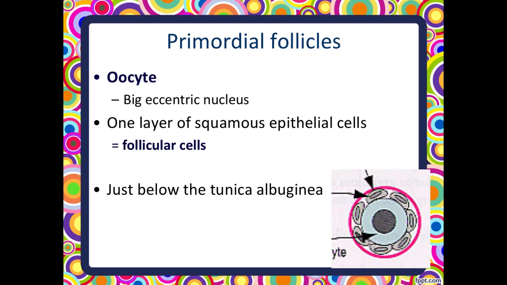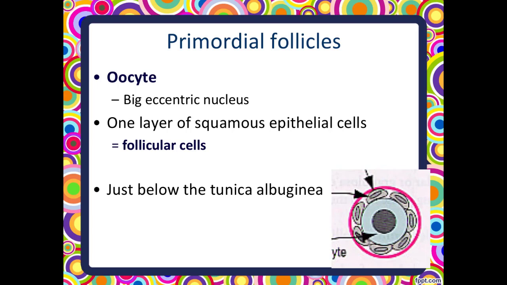It will complete the development and release the ovum during ovulation. So the primordial stage of development of follicle can be present from the fetal life until the menopause, which is like the ceasing of the ovarian cycles.